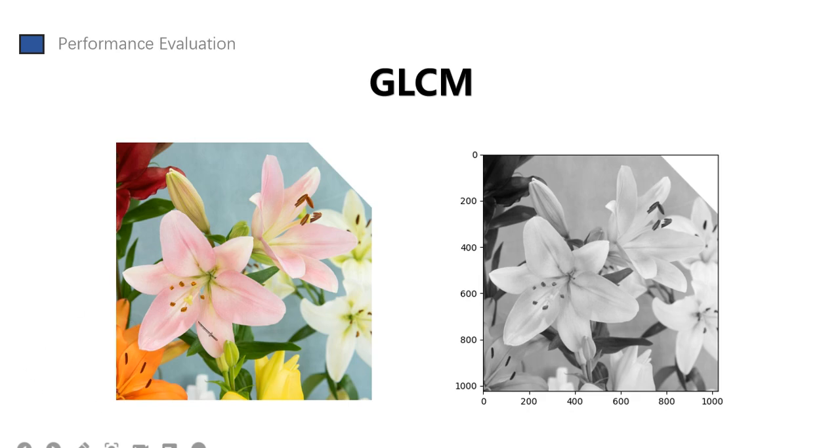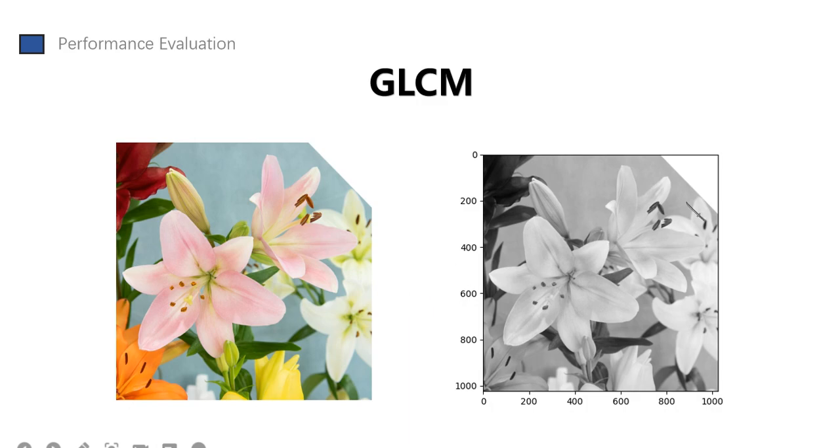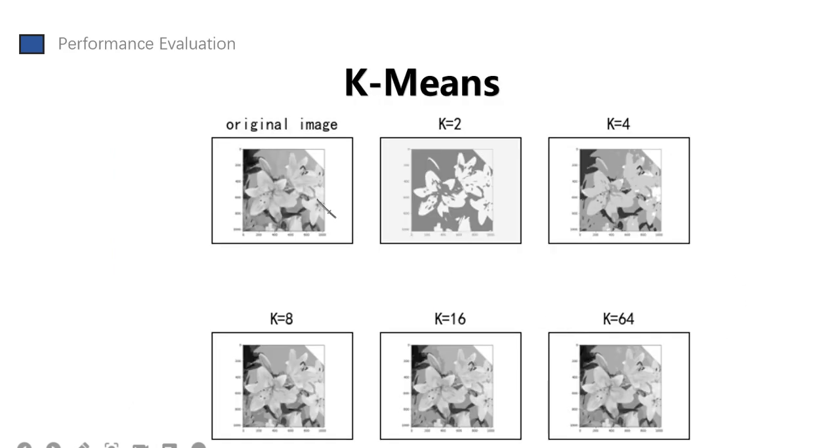Here the left picture is the original color image, and the right one is processed by GLCM. Obviously, it is converted into grayscale. Here we use this picture as the input of k-means.